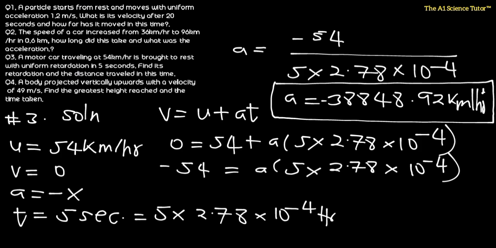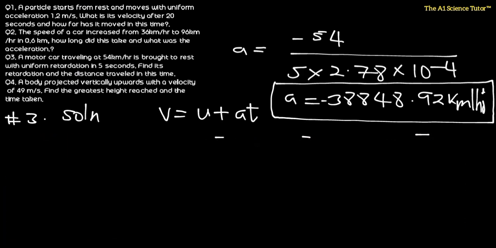Now next up, we need to find the distance that was traveled in this time. So by now, you should be able to find out what that distance or displacement is going to be. We are going to use v squared is equal to u squared minus 2as, because we have the acceleration to be negative, that is a deceleration.